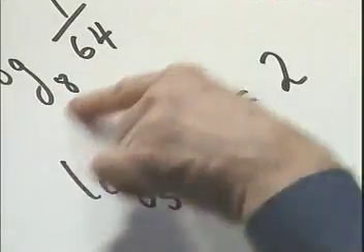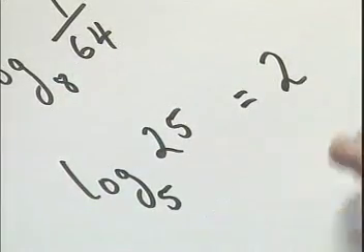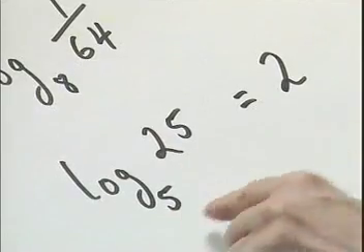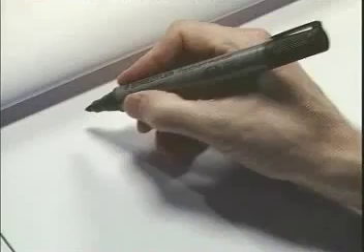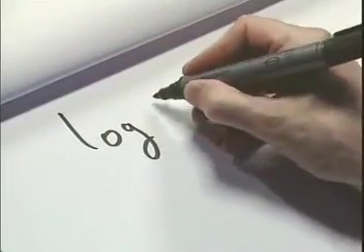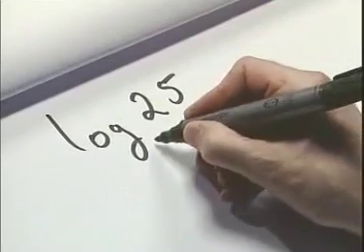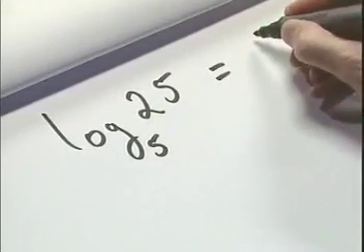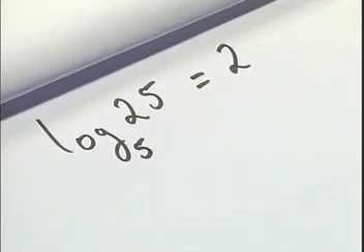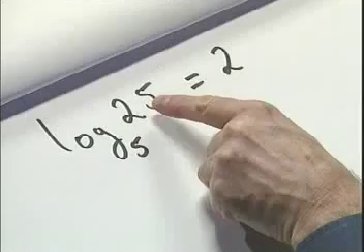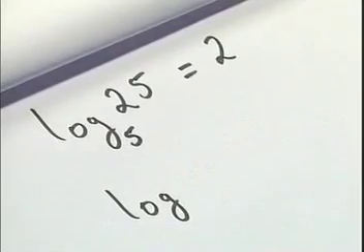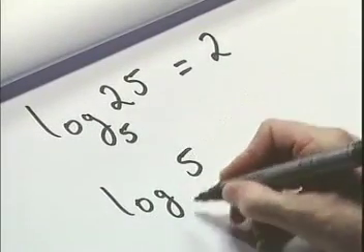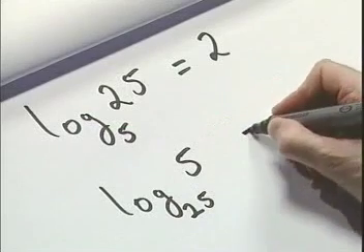I want to do another calculation which is going to look very similar to this one, and I'll need to compare it with this calculation. So I'm going to repeat this statement over the page. So we've got log of 25 to base 5. We know that that's 2. Now what if I interchange the number and the base? So that I'm asking the question, what's the log of 5 to base 25?